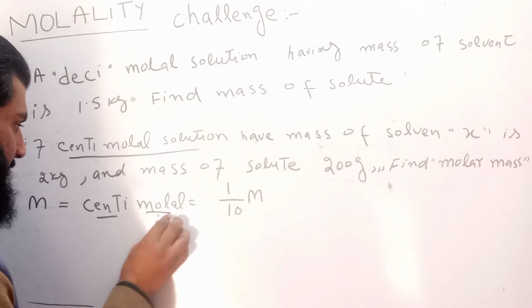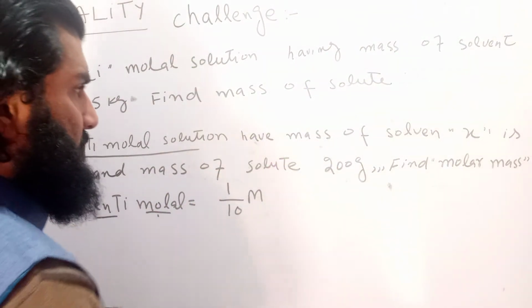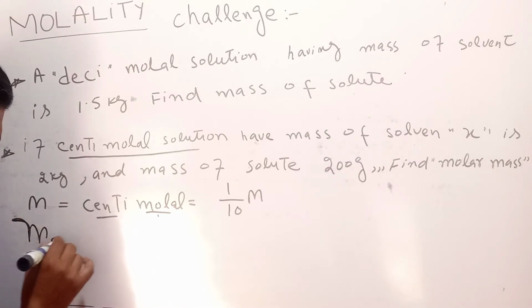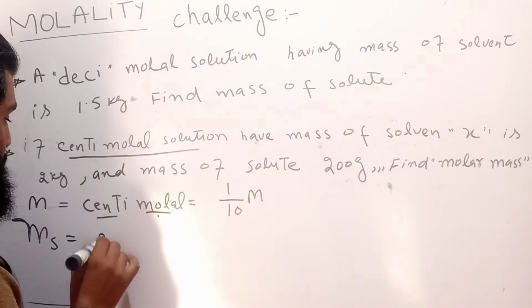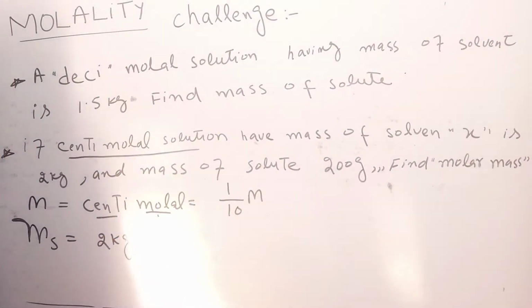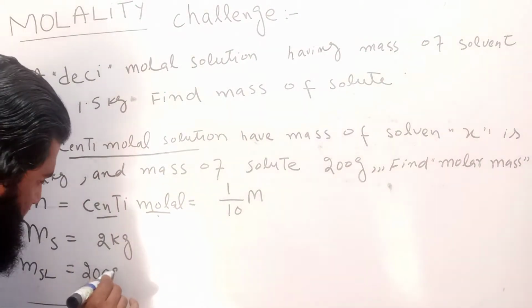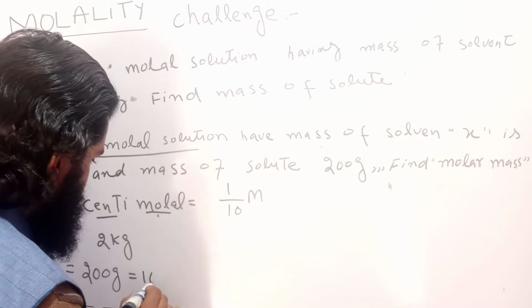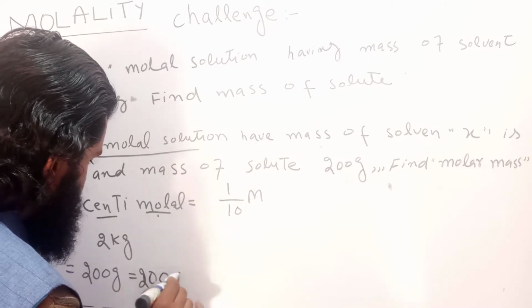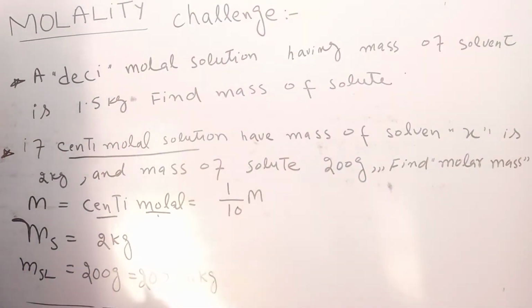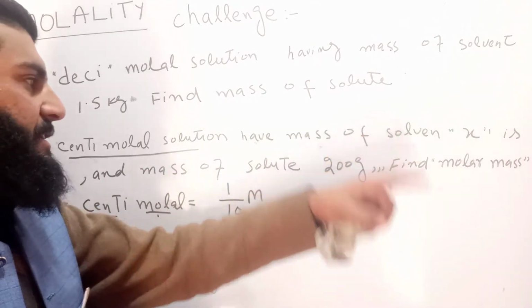Again, the mass of solvent is equal to 2 kilogram and the mass of solute is equal to 200 gram, which is equal to 2 times 10 raised to the power minus 1 kilogram. Find the molar mass.